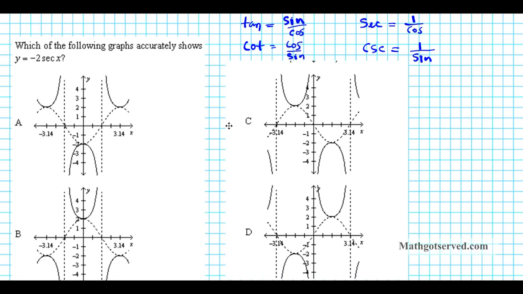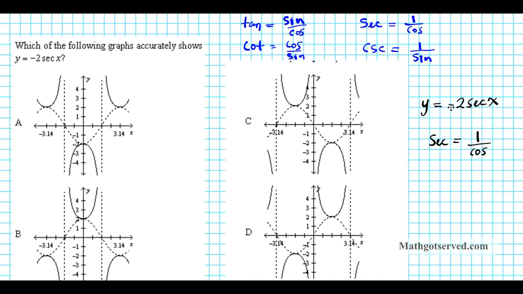Now let's take a look at this option right here. The problem tells us that y is equal to negative 2 secant x. Since we know secant is 1 over cosine, the cosine function helps us determine where the asymptotes are.